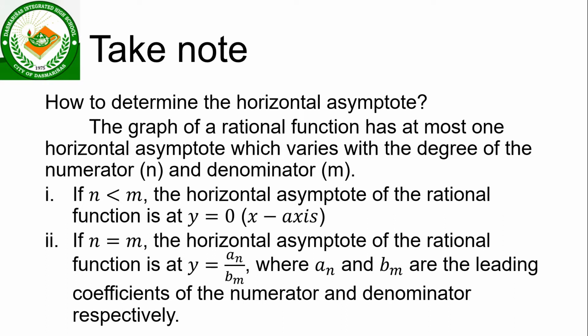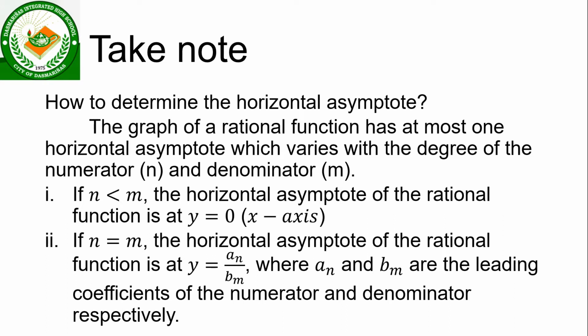For the second one, if n is equal to m, meaning to say they have the same degree, the horizontal asymptote of the rational function is at y equals a sub n over b sub m. And these a sub n and b sub m are just the leading coefficients of the numerator and the denominator respectively. Okay?